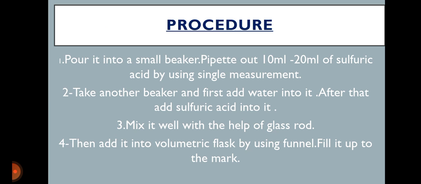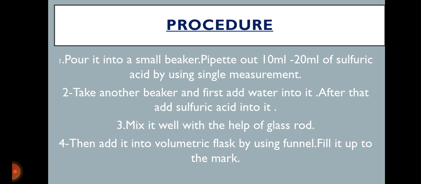As far as the procedure of the experiment is concerned, we will pour the sulfuric acid into a small beaker and pipette out 10 ml to 20 ml of sulfuric acid using a single measurement. After that, we will take another beaker and first add water into it.